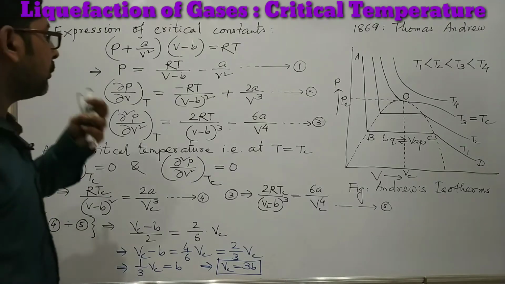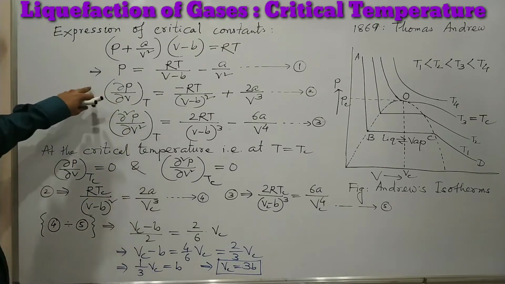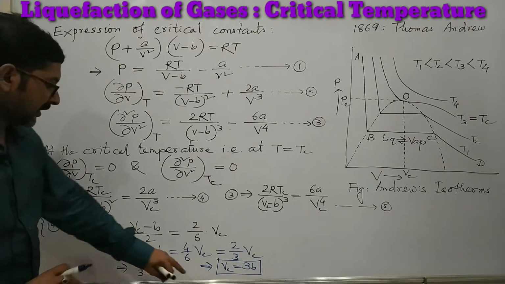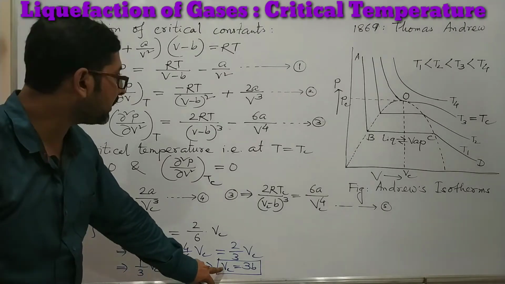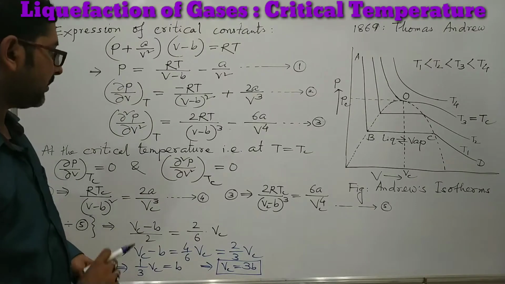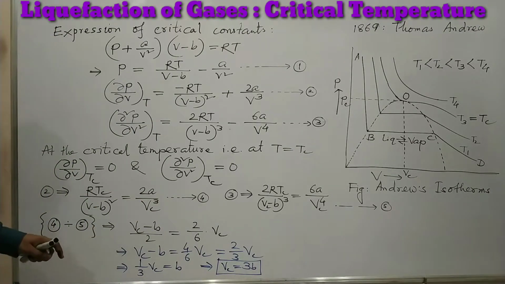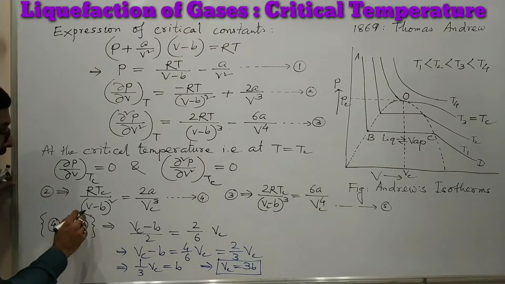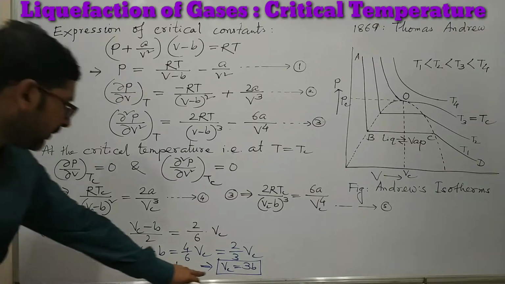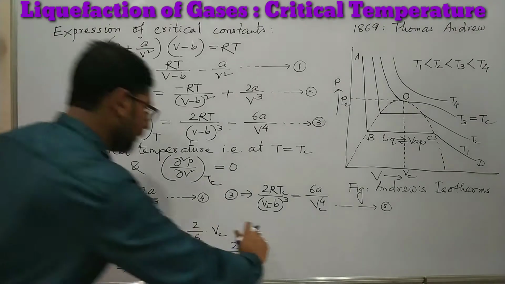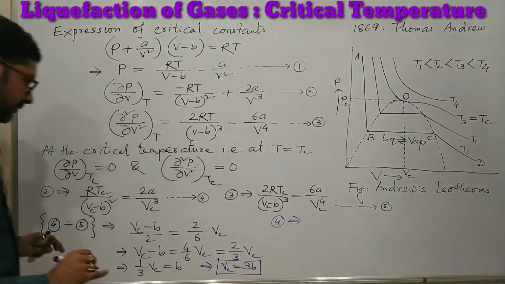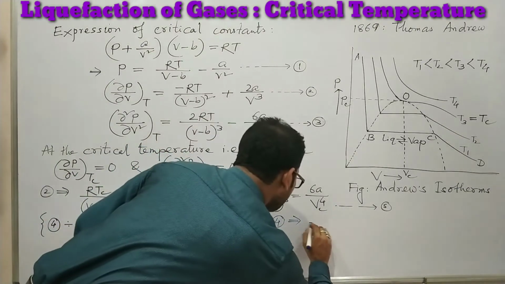Next, we want to derive the expression for Tc. Now, substituting the value of Vc in any of the equations number 2 or 3, we can write, substituting the value of Vc in equation number 4, RTc by (Vc minus B) whole square.